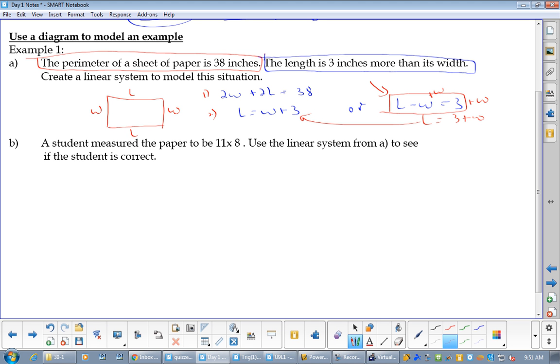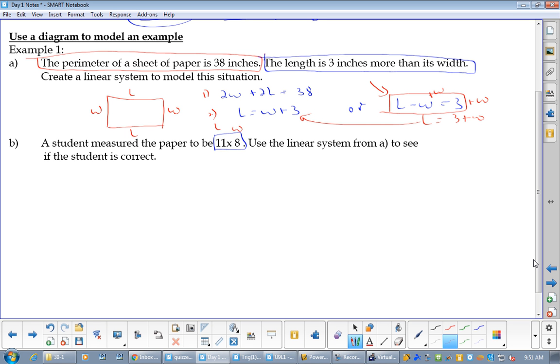Okay? Now, a student measured the paper to be 11 by 8. Use a linear system found to see if it's correct. So, is 11 by 8 true? Now, today's an introduction, so later we're going to have to find it. But let's just go, now, which one's which? Yeah, because we said that, right?